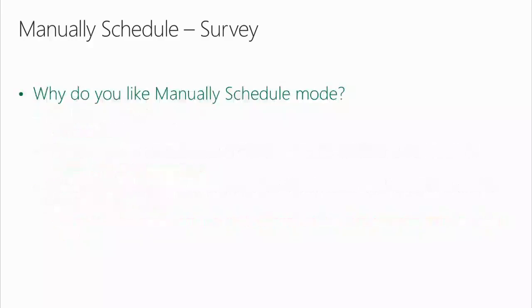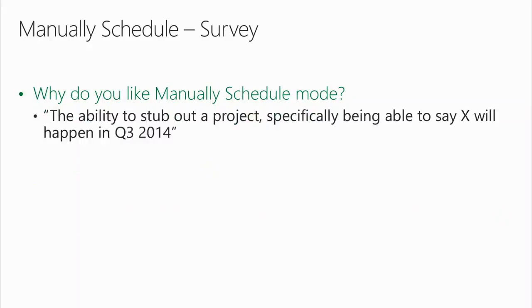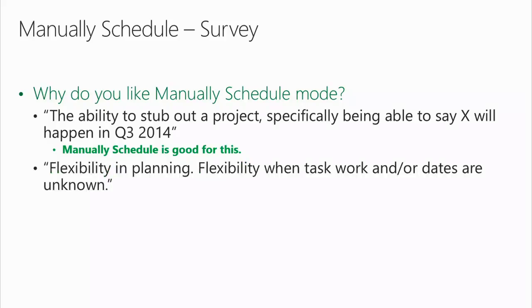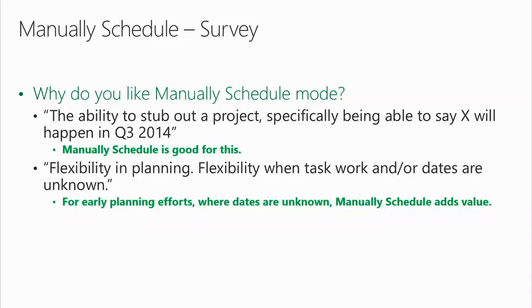Why do you like manually scheduled mode? "The ability to stub out a project, specifically being able to say X will happen in Q3 2014." Manually scheduled mode is good for this. Early planning efforts. Top-down planning. "Flexibility in planning. Flexibility when task work and/or dates are unknown." For early planning efforts where dates are unknown, manually scheduled does add value.